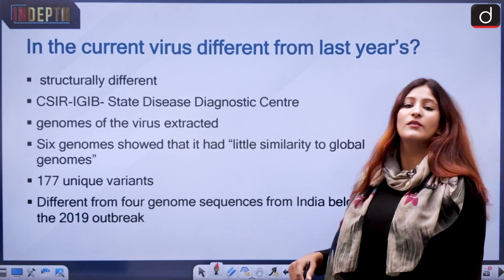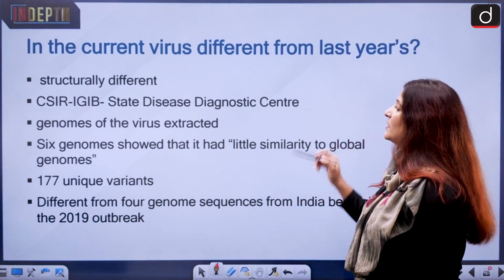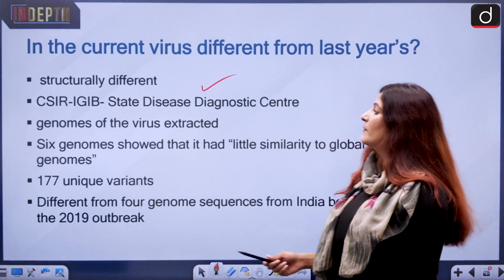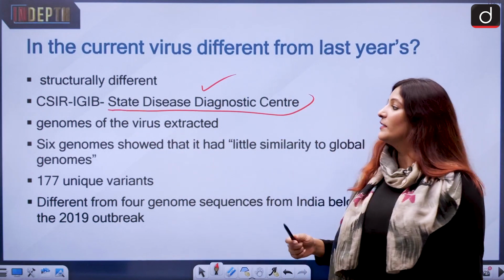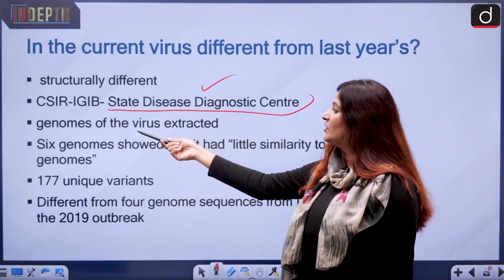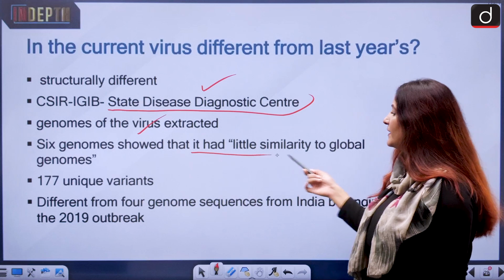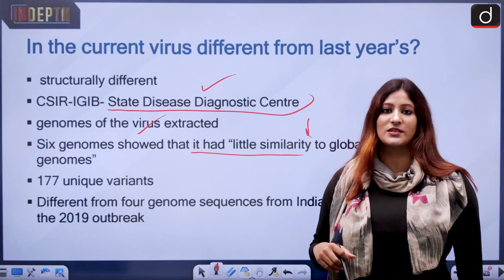Moving ahead, let's know if the current virus is structurally different or not. Yes, many scientists have said that it is structurally different. Specifically from CSIR, IGIB and the State Disease Diagnostic Center, they extracted the genome of the current virus, and 6 genomes showed that it has little similarity to the global genomes of the virus which caused the outbreak in 2019.